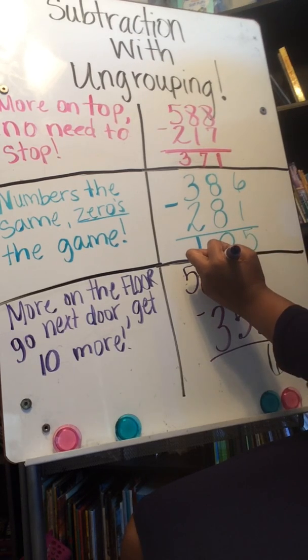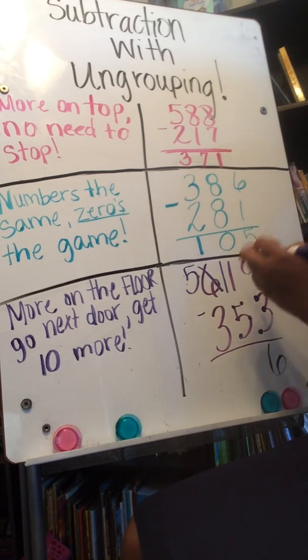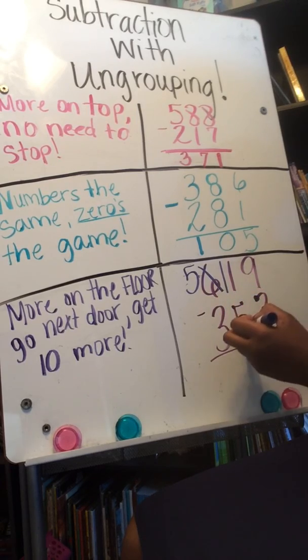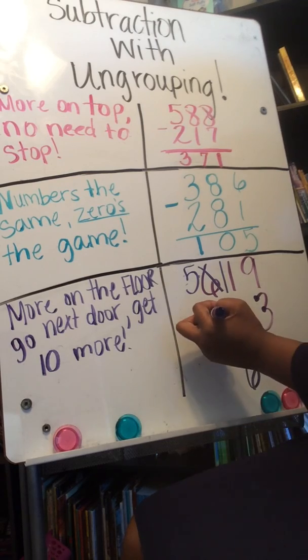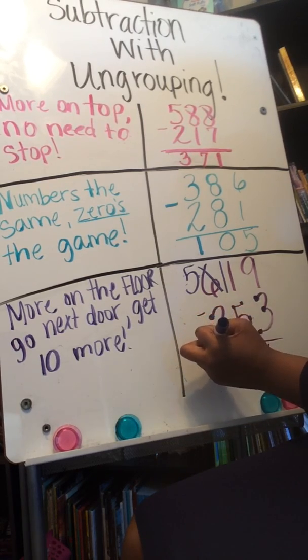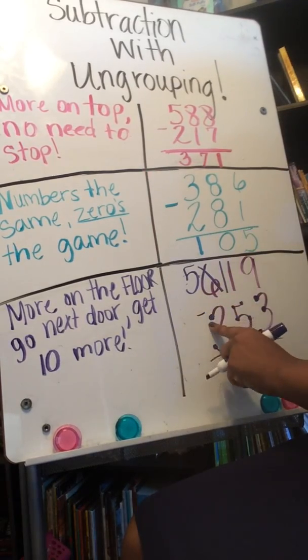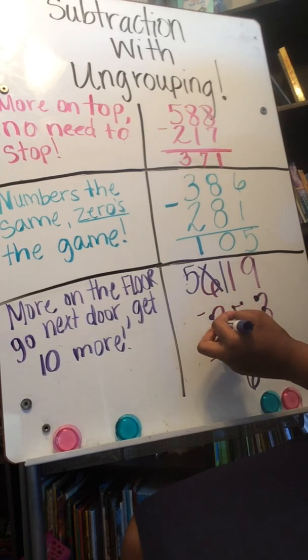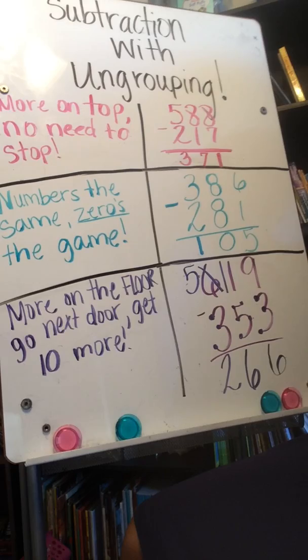That puts a 10 and a 1. 10 plus 1 is 11. So now I've got 11, and I'm going to take away 5. Here's my touch math. 11, 10, 9, 8, 7, 6. Then I have 5, more on top. No need to stop. 5, take away 3. 5, 4, 3, 2. The difference is 266.